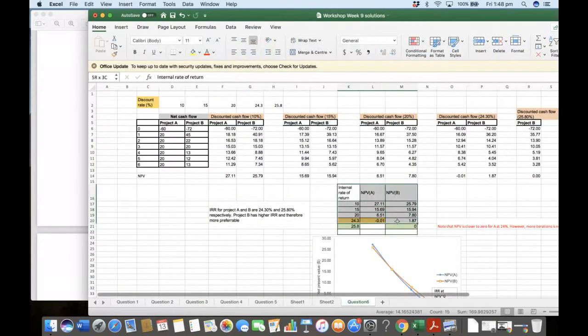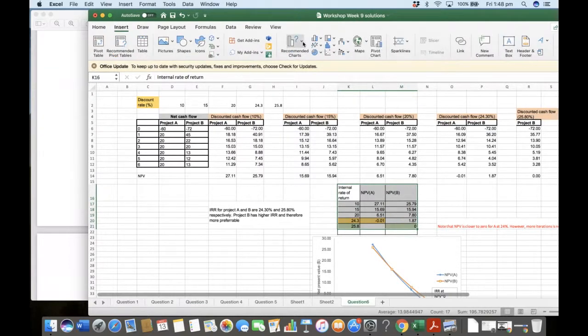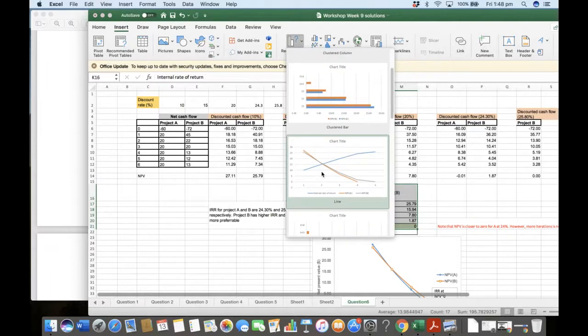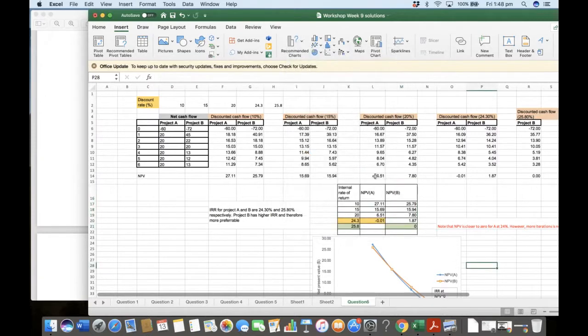So if I select all of this, insert, why is it coming like this? This is the IRR. Net present value. Oh, yes.